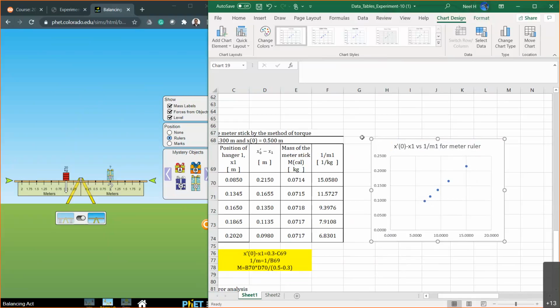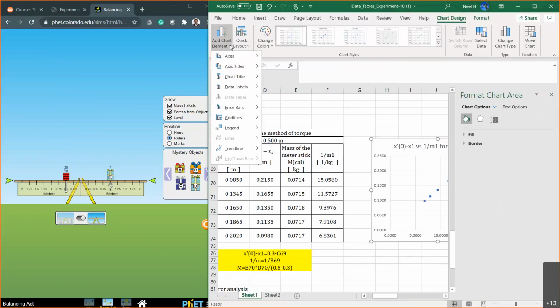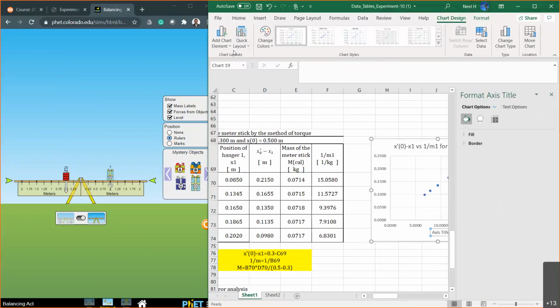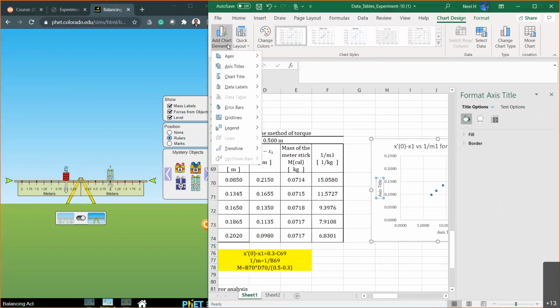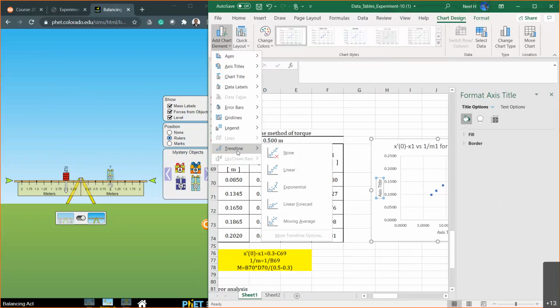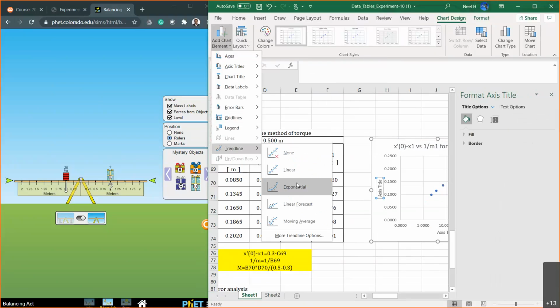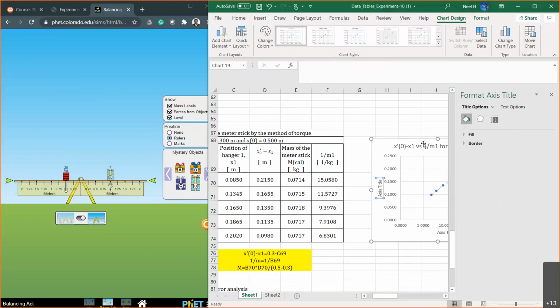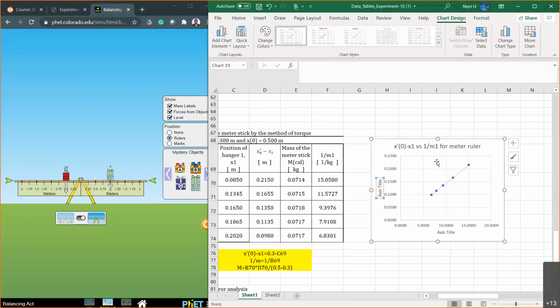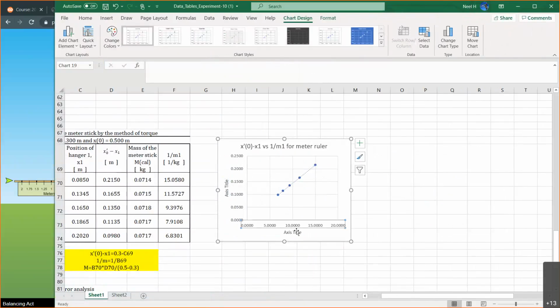If you have a graph, then double click, chart elements, and you have to put axis titles, horizontal and vertical. If I have a linear data set, I would like to have the trend line: chart elements, left-hand side, very top, linear. And then you may have to do a little bit of editing here.